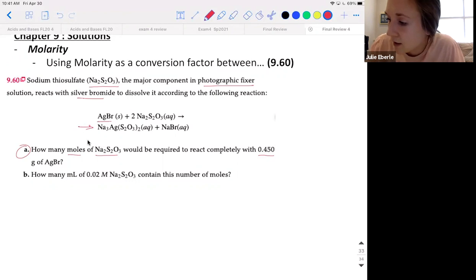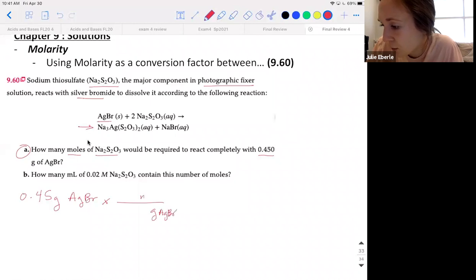All right, so we are going to start with 0.45 grams of AgBr, and we're going to convert to moles of sodium thiosulfate. So the first thing I'm going to do is convert grams of AgBr to moles of AgBr, and I need the molar mass to do that.